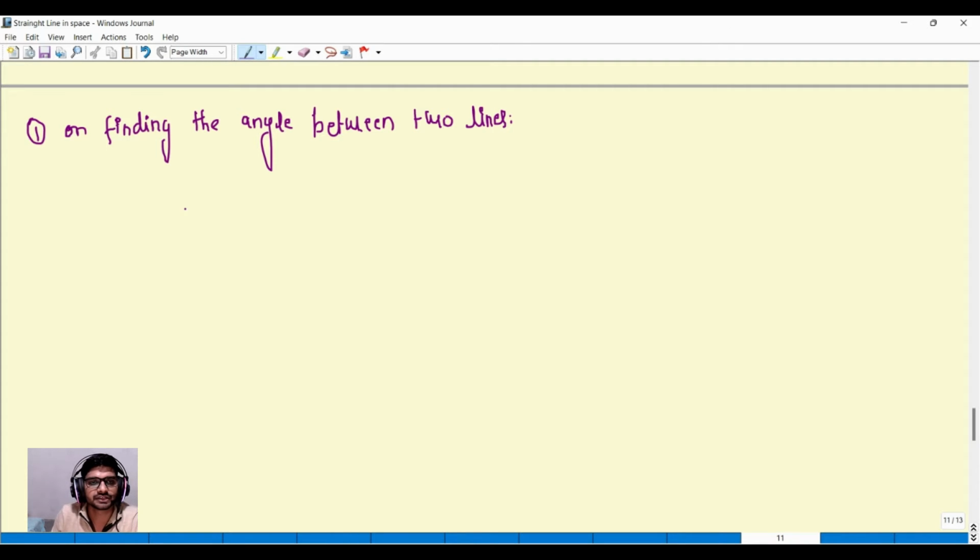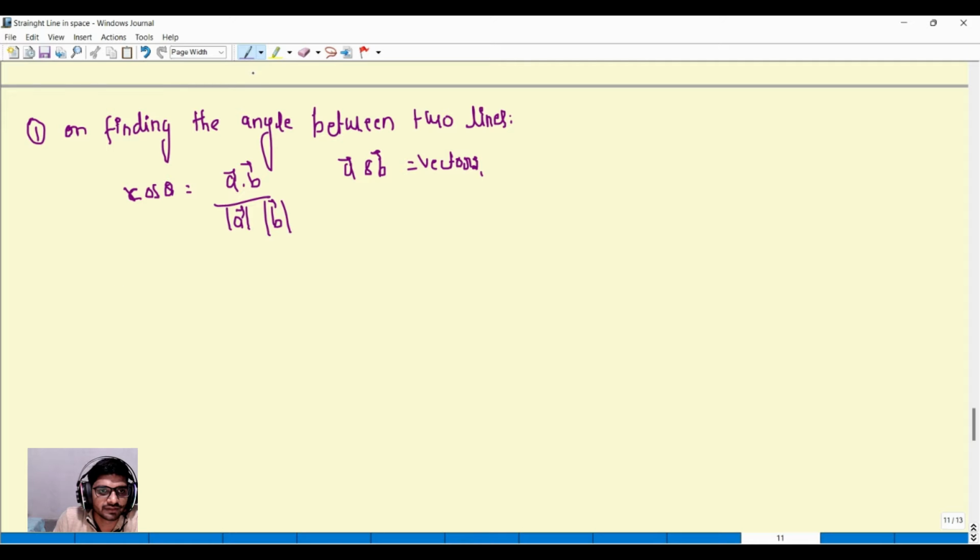As we discussed in the previous lecture, we find the angle by the formula a dot b upon mod of a and mod of b, where a and b are vectors. So how do we find the angle between two lines?